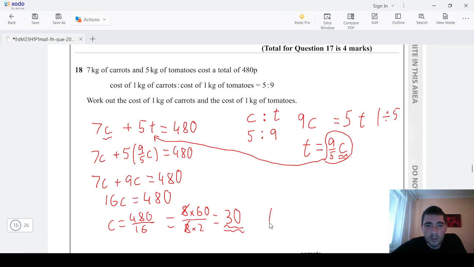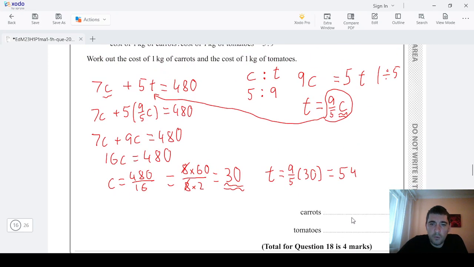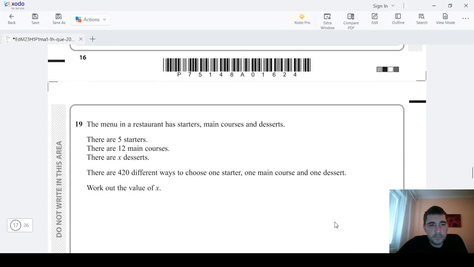So to work out t, we times that 30 by 9 and divide by 5. 30 divided by 5 is 6, and 6 times 9 is 54. So that's another 4 marks. So carrots cost 30, tomatoes cost 54. Move on to the next bit.